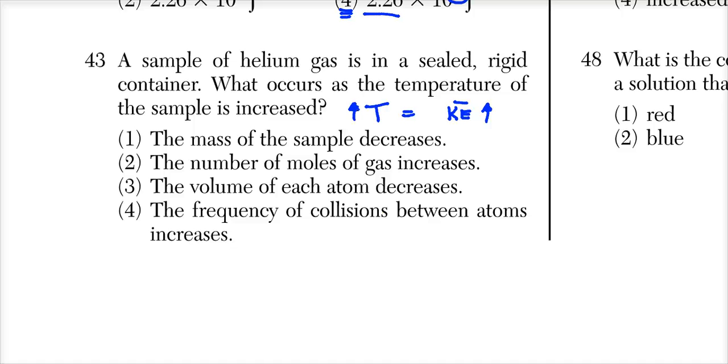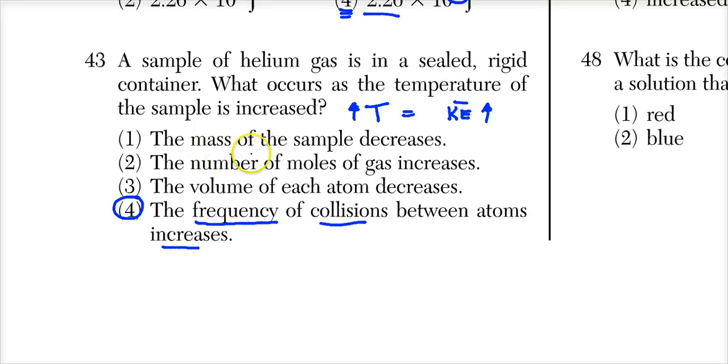If they're going to move faster, the frequency or the amount of collisions between atoms has to increase. All right, you make the molecules move faster, they're going to collide more often, and you're going to increase the number of effective collisions. That's why increasing the temperature increases the rate of reaction.